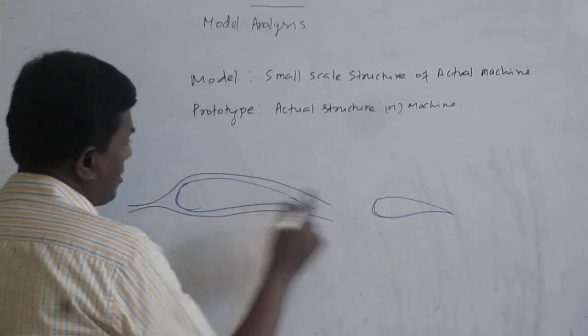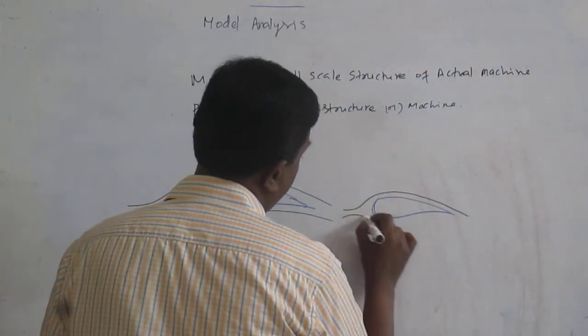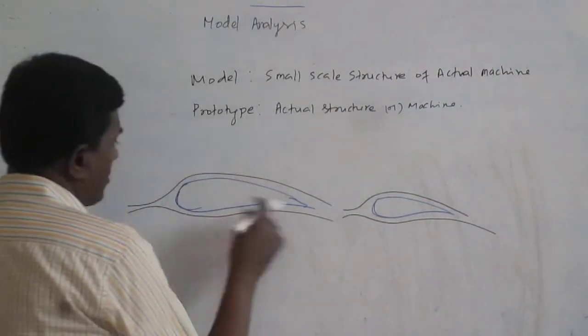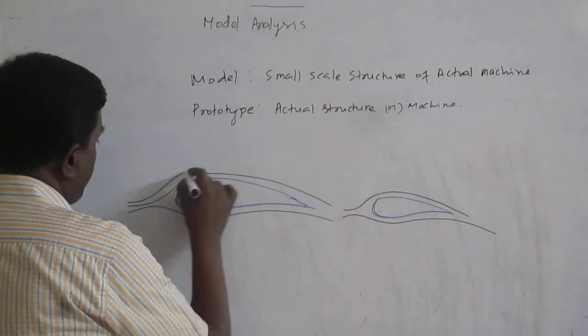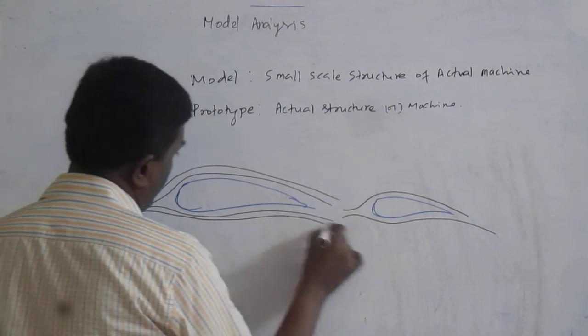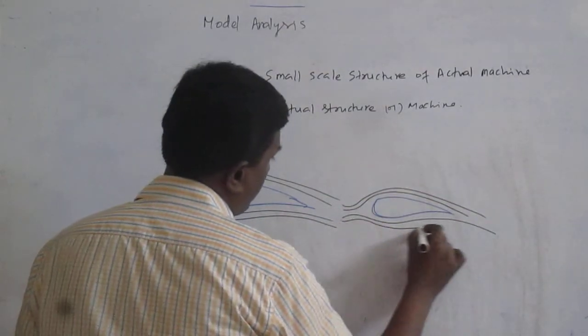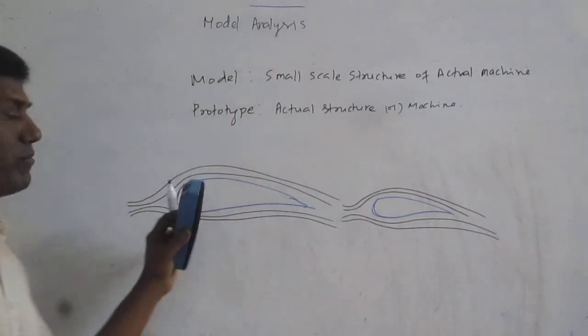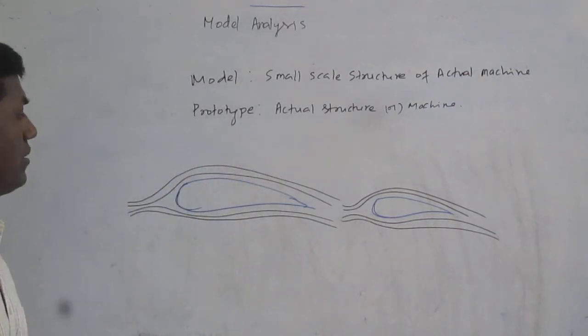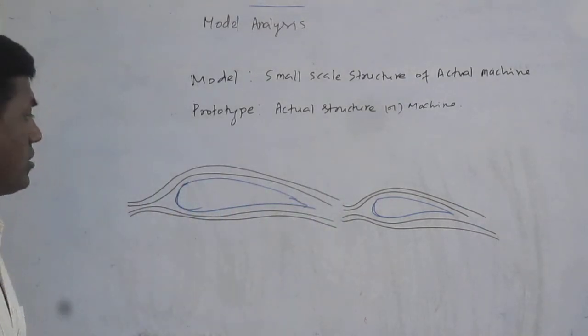Fluid flow patterns are something like this. Fluid flow patterns are represented by the streamlines. Something like this. So in both the cases, what is happening? Both are having the similar motions.